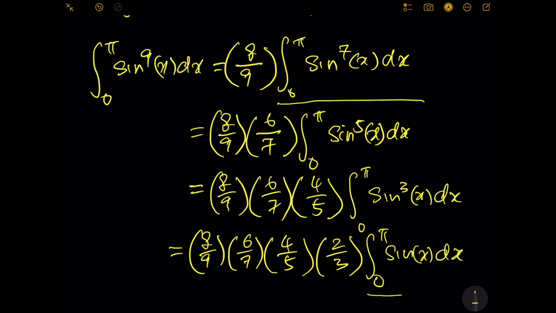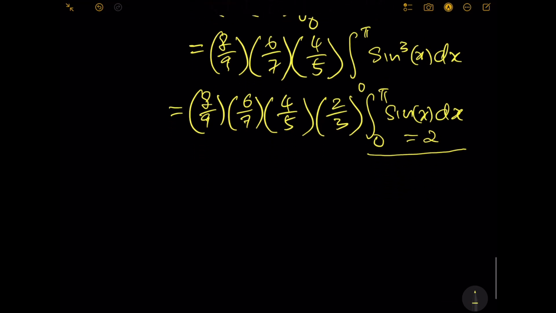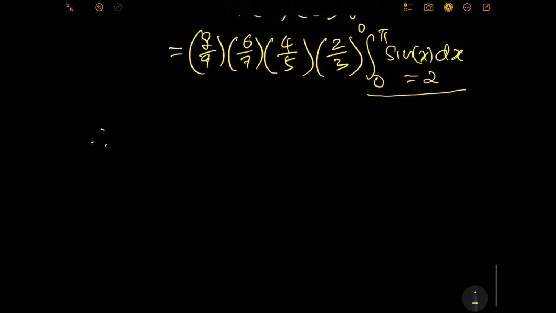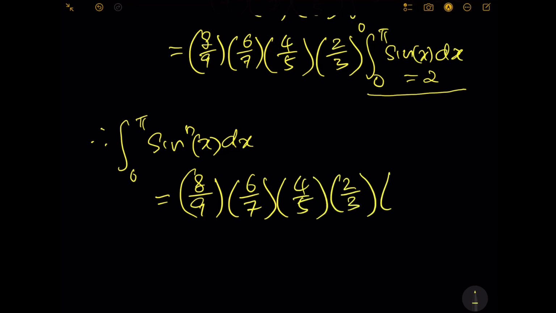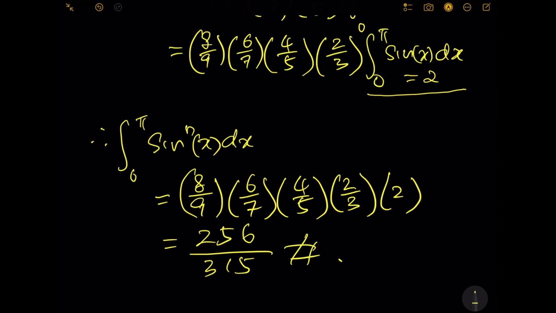So this integral was the first one we did in this video, which is equal to 2. Therefore, conclusion, multiply 2, which is equal to 256 divided by 315. And this is the final answer of this question.